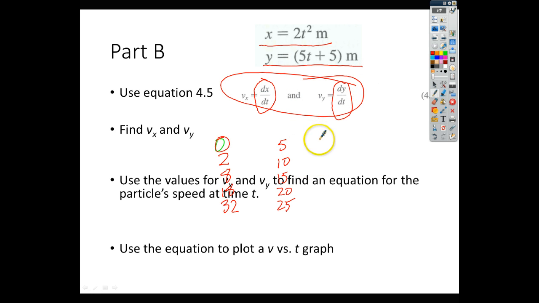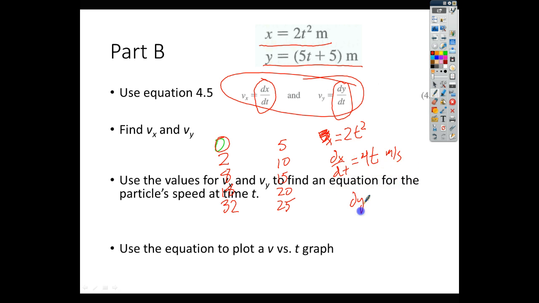So for Vx, sorry, x is 2t squared. If we want dx over dt, which would give us velocity, we need to do the first derivative. So 2 squared would be 4, and then this just would be t. So that is our first one, and that's measured in meters per second.